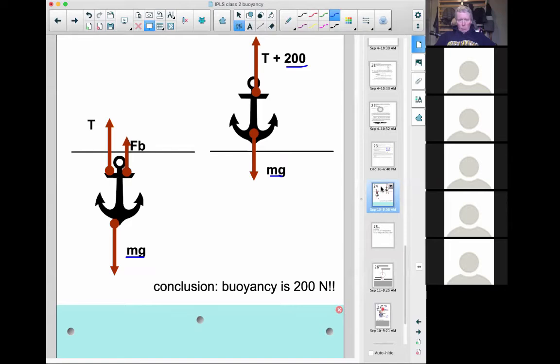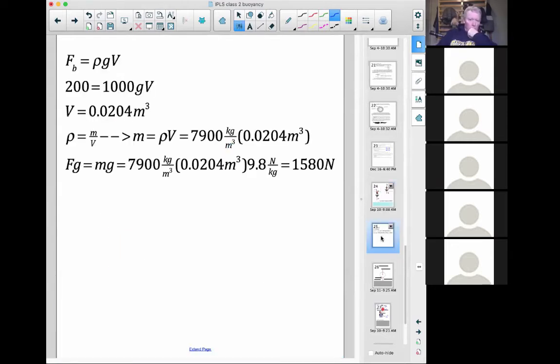Hi, Don. Yes, hello. Who's speaking? Hello. Yeah, I'm Kashish. I was just wondering, the volume that we are calculating is going to be the volume of the whole entire anchor? The volume you're calculating will be the volume of the iron in the anchor. So the whole entire, right?